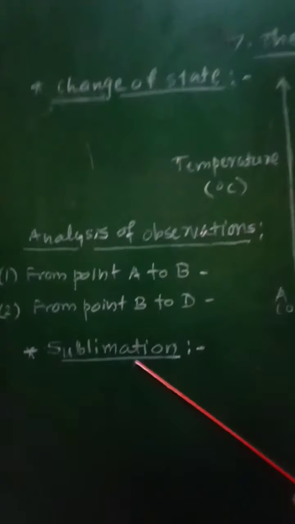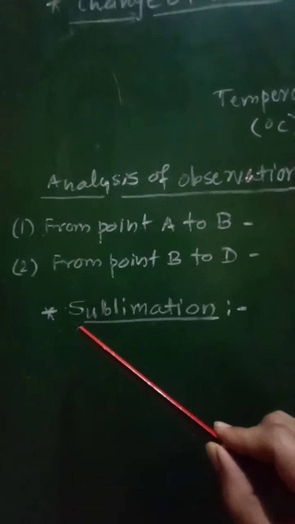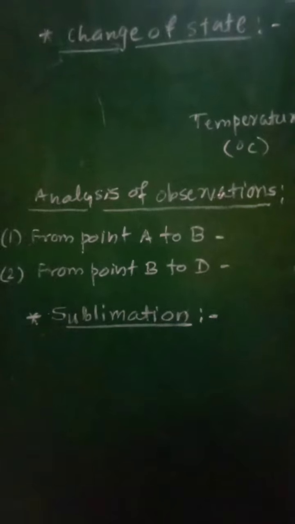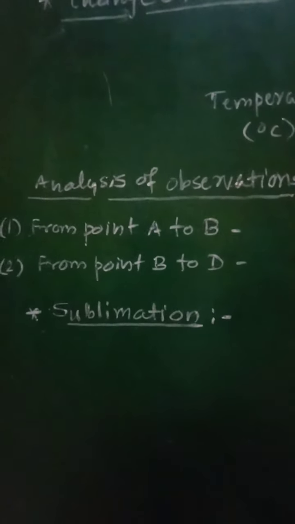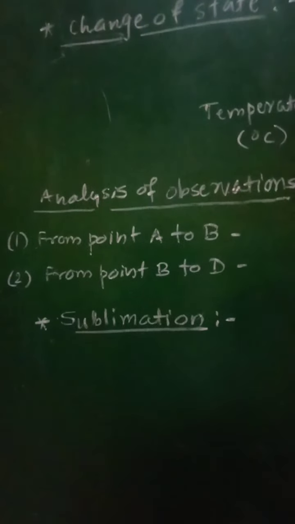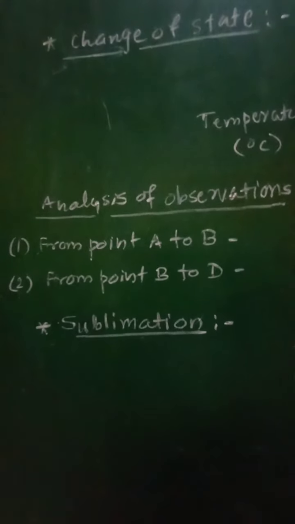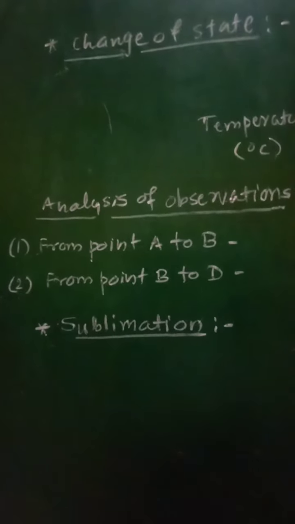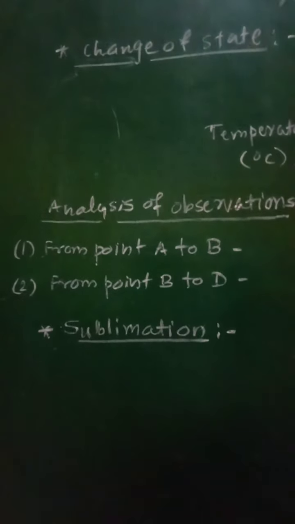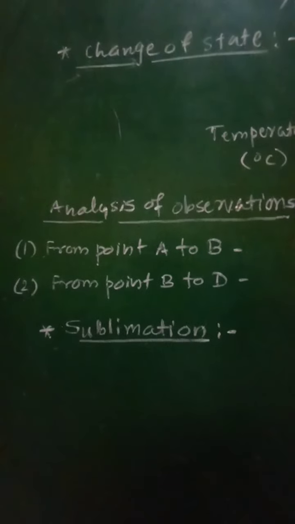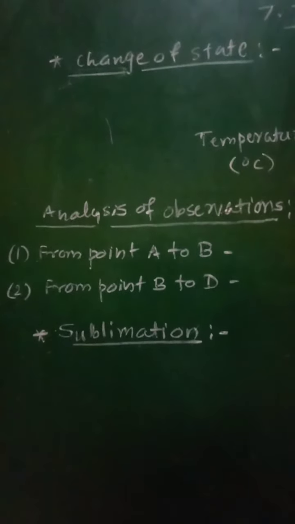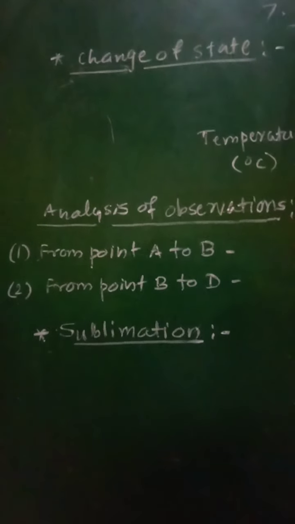Now let us see the next phenomenon, which is called sublimation. So in short, it is the direct conversion of solid state to vapor state. We know that all substances do not pass through the three states. All substances, when heated, will not pass from solid to liquid to gas.